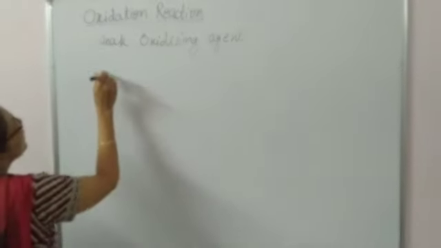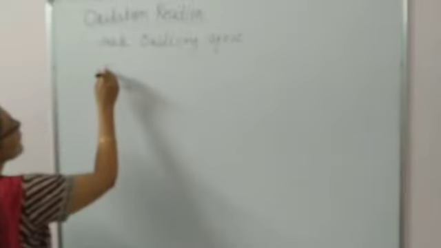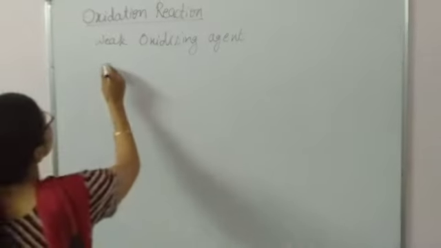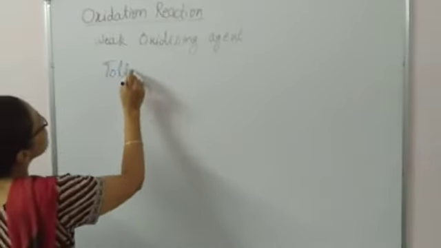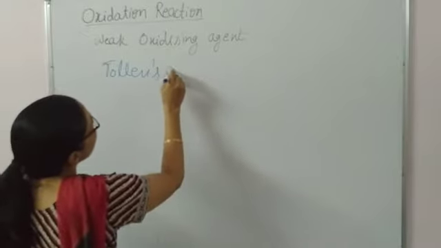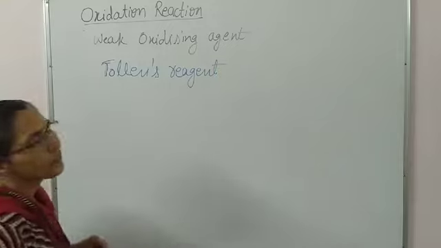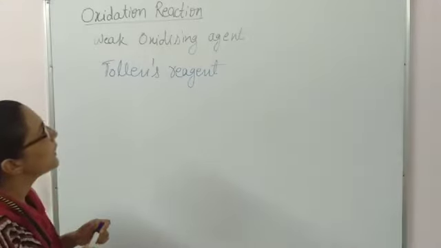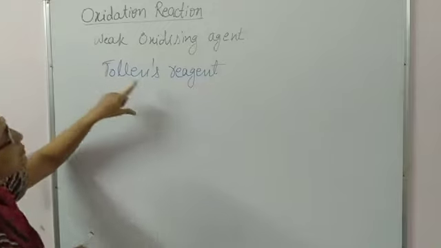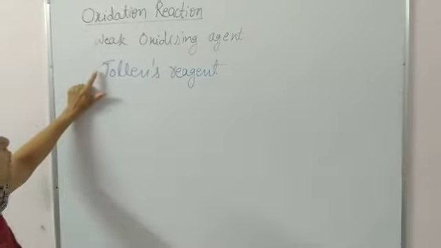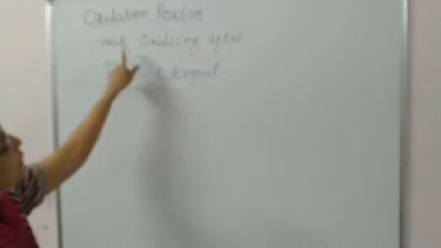First example is Tollens reagent. Always with a weak oxidizing agent, only aldehyde will oxidize to the respective carboxylic acid. Ketones will not react with this type of weak oxidizing agent. Weak oxidizing agents are not capable of oxidizing ketone. So only the aldehyde reaction you have to see.